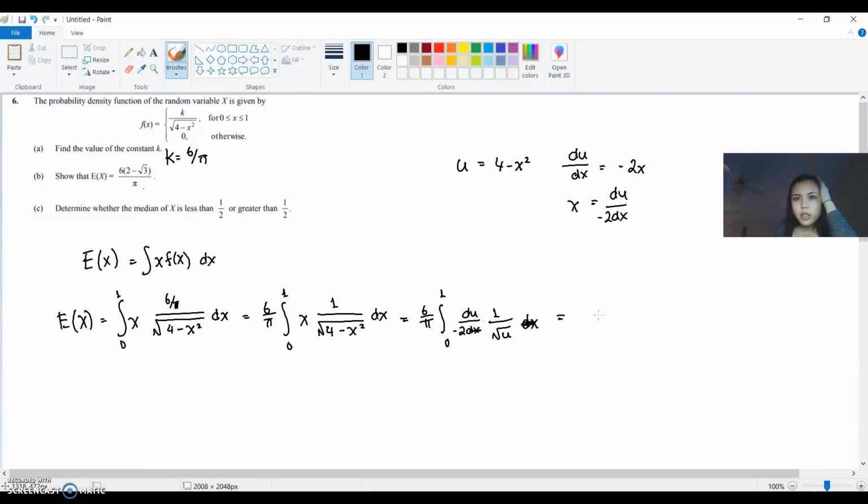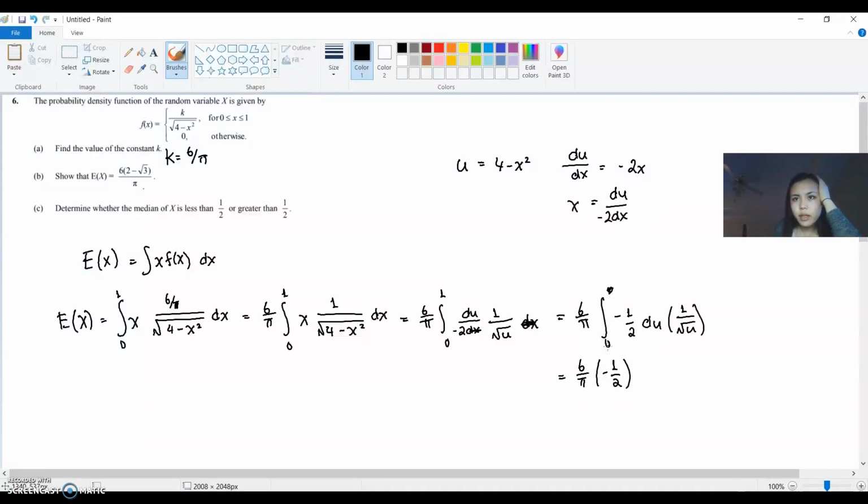This negative 2 is also a constant. You can write this as 6 over pi times negative 1 over 2 times the integral of du over root u. So we can move the 1 over negative 2 out. That gives us 6 over pi times negative 1 over 2. The integral is not from 0 to 1 now since everything's in u.